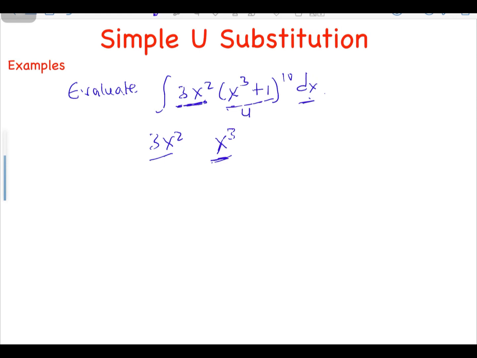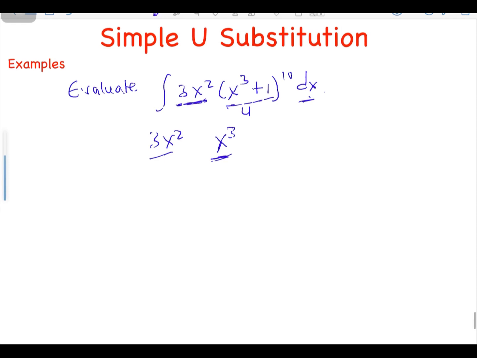Before you can eliminate this dx, you need to pass through some process to eliminate it. So this is how we do it. We have agreed that we are representing whatever is in the brackets by u, and therefore our u is equal to x power 3 plus 1.